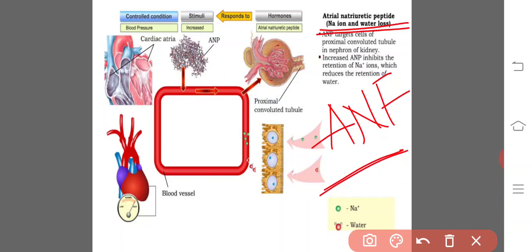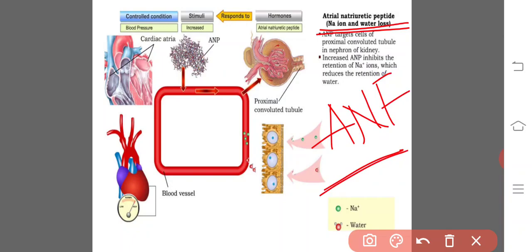It stops the production of renin, and thereby stops the reabsorption of sodium and stops the release of aldosterone. Due to the inhibition of aldosterone, there will be inhibition of sodium reabsorption, and due to the ADH inhibition, more water will be released.